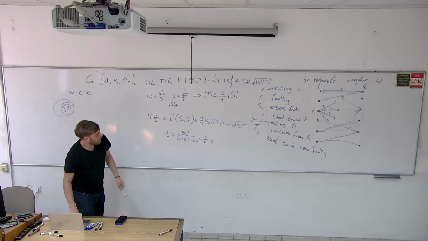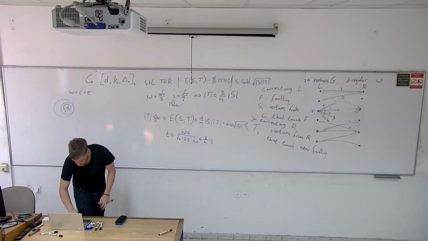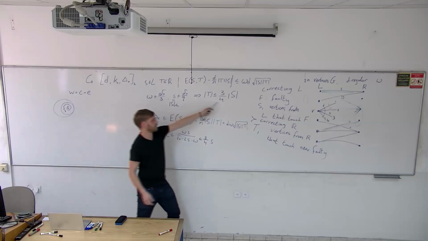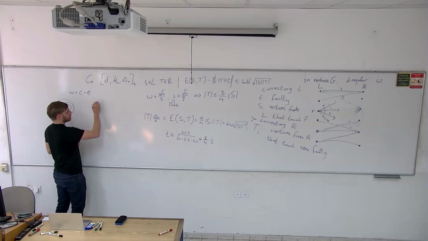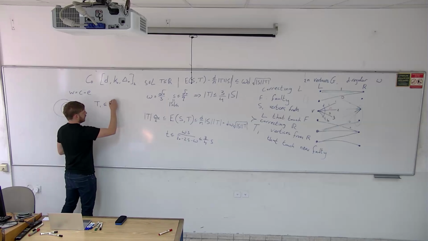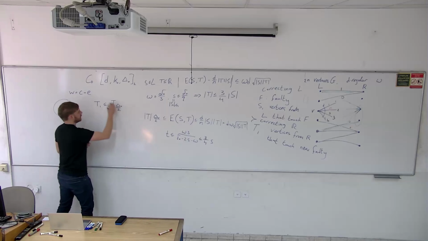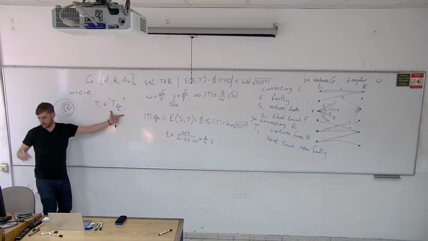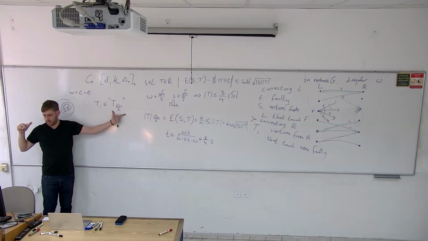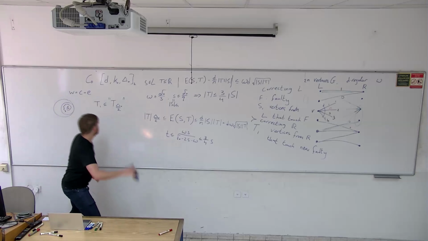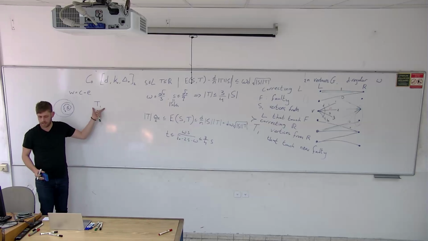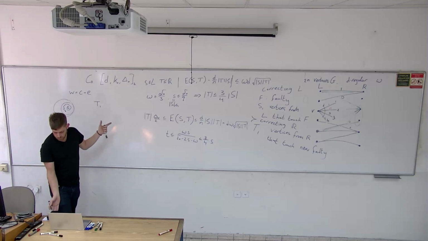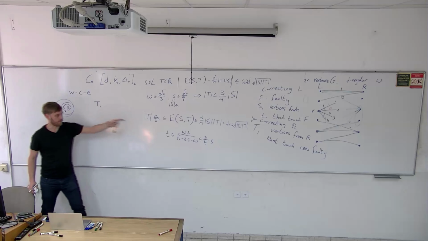And so I want to claim the same thing, and the only thing I need to say is that T1 is a subset of T delta naught over 2, but this one is from the previous argument. In other words, each vertex in T1 must touch at least delta 0 over 2 elements in F.